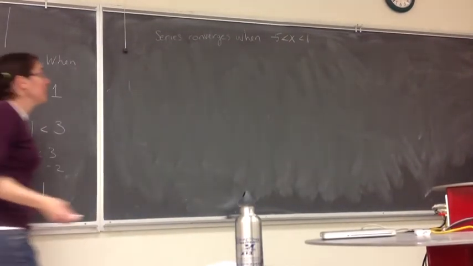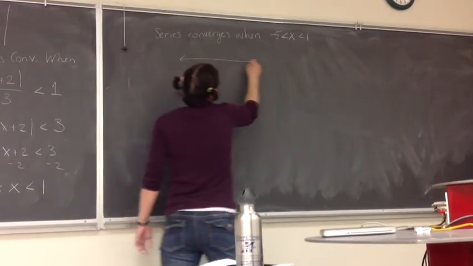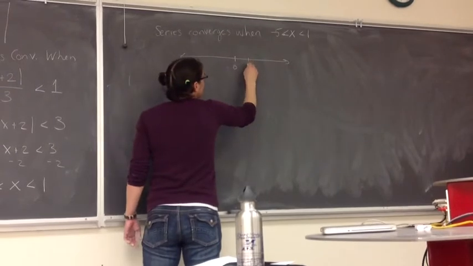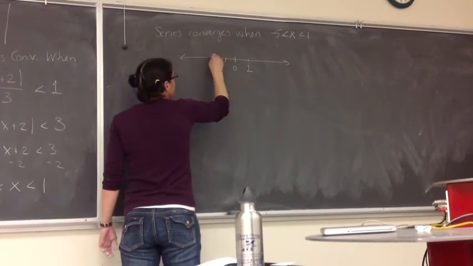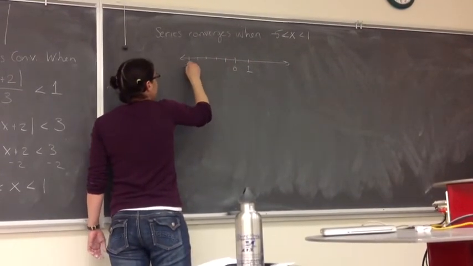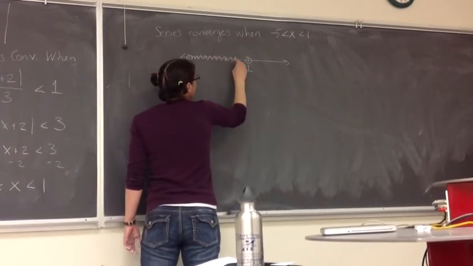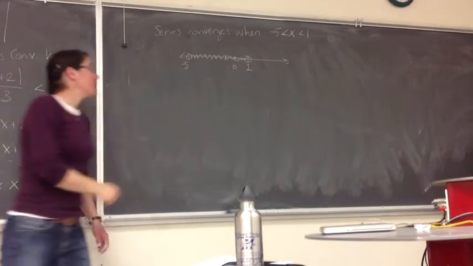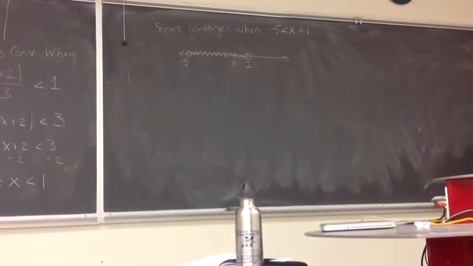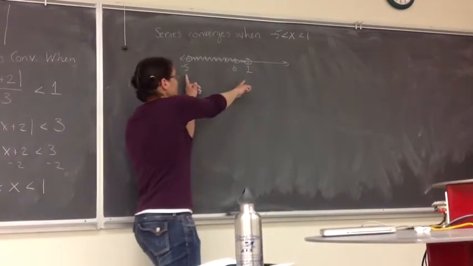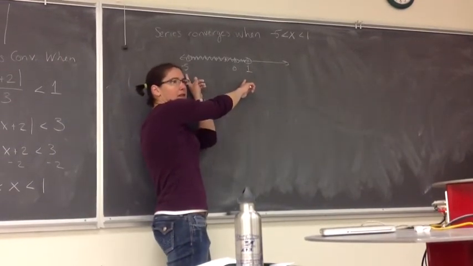And if I were to draw a picture of this on a number line, what I'm looking at here is x values between positive 1 and 1, 2, 3, 4, 5, negative 5. And so we are interested in this interval right here between negative 5 and 1. Now, one thing that you might notice about this interval, what number is exactly halfway between negative 5 and 1?